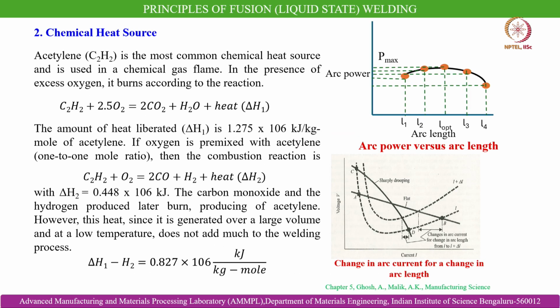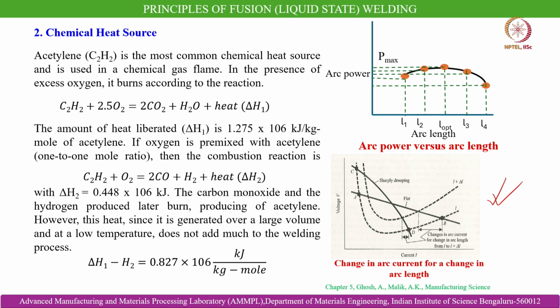figure you can understand the case of the flat characteristics between the current and voltage in the arc column, and also the sharply drooping characteristics, which is marked by CD, while the flat characteristics is marked by AB.